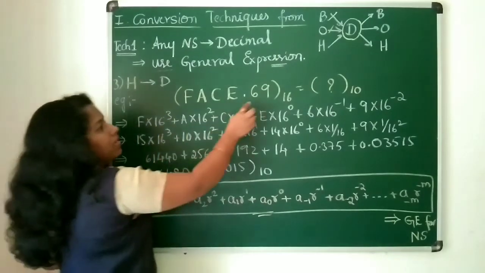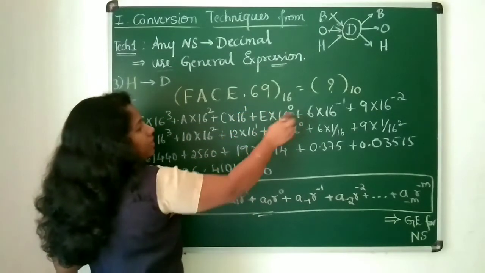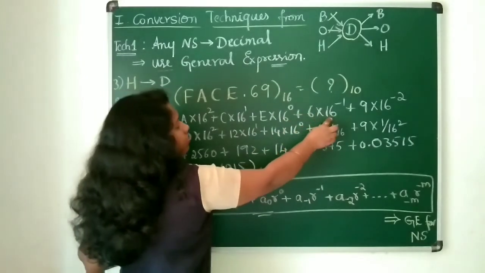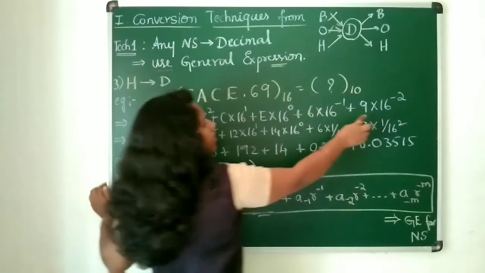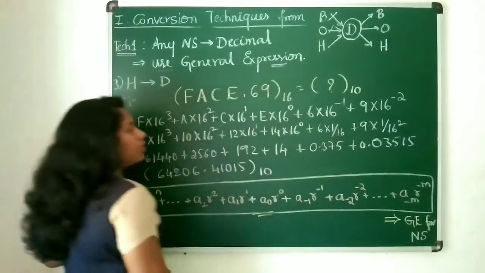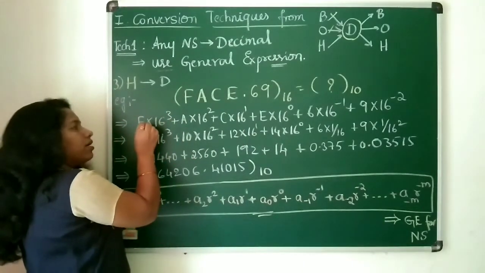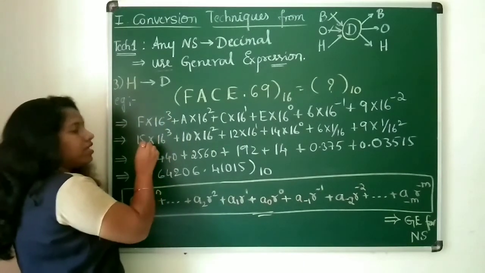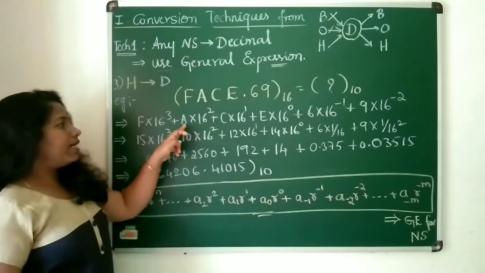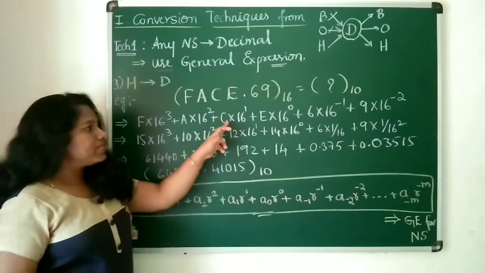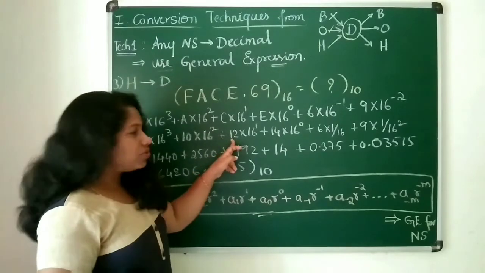And for fractional part, 6 into 16 to the power of minus 1, 9 into 16 to the power of minus 2. So here you need to represent this F equivalent value is 15 and A equivalent value is 10, C is equal to 12, E is equal to 14.